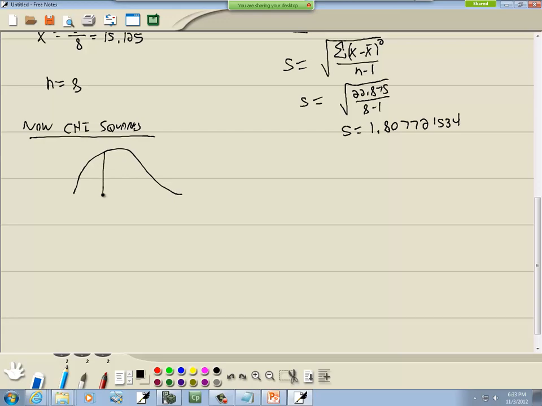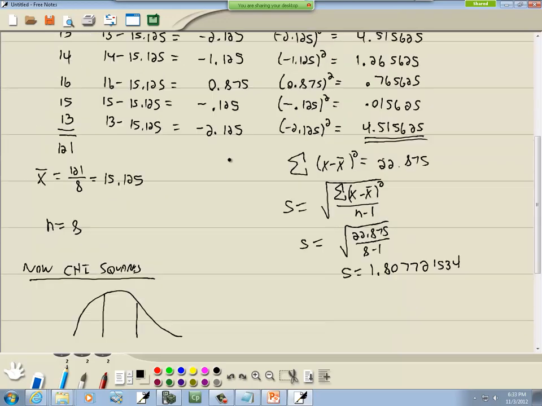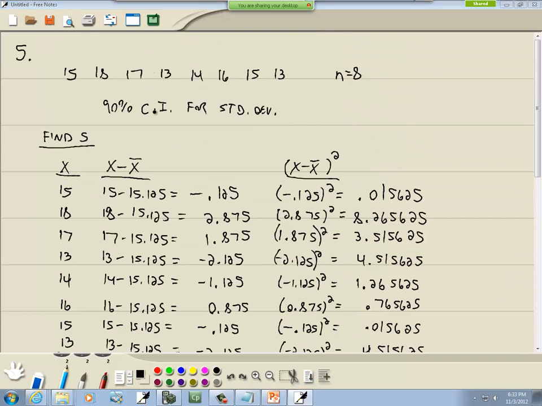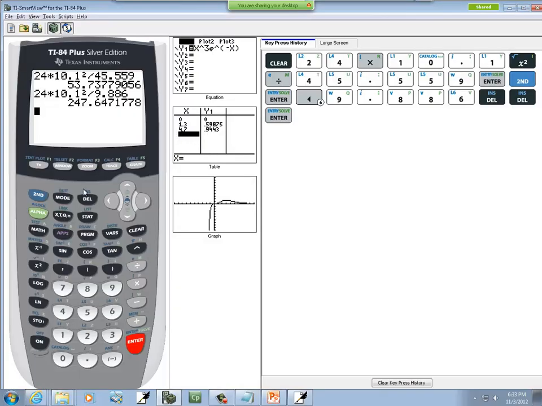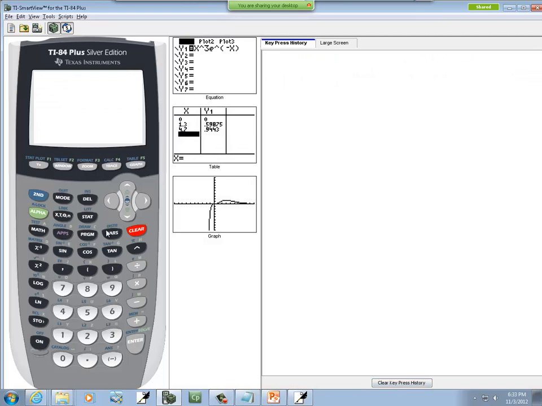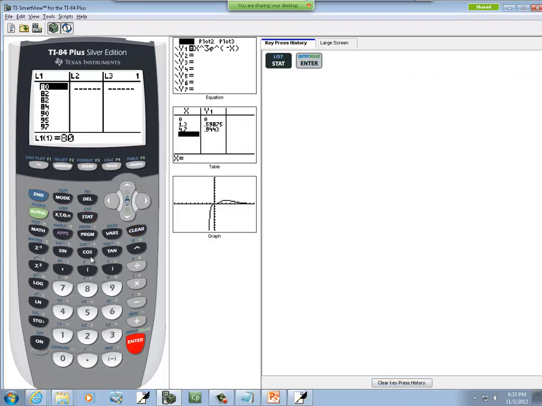So do our picture. Oh, by the way, to do that on the calculator, I'm not going to do it separately. I'll go ahead and do it here. That way I can double check my work too. You input your numbers first. So I'll press Stat, Edit, clean out those numbers by pressing Delete a few times.